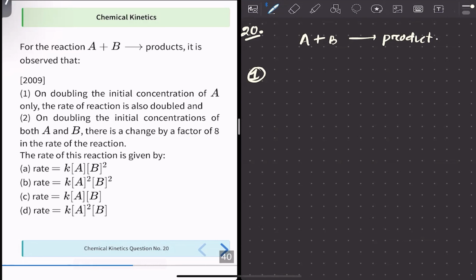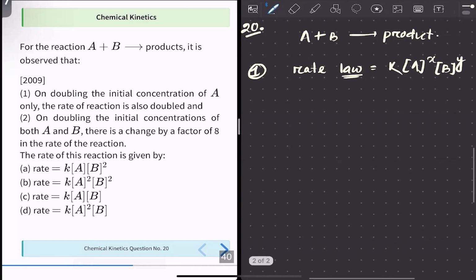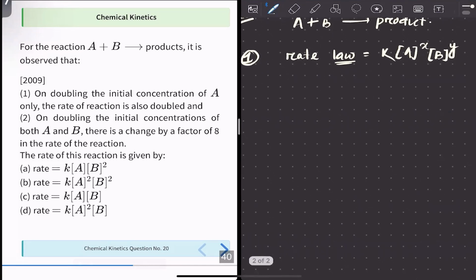First of all, write down the rate law. The rate law for this reaction will be K into A to the power X, B to the power Y. We can't write A to the power 1 and B to the power 1 because we don't know if it is an elementary reaction or a complex multi-step reaction. So we have to write it in the form of X and Y and find the values of X and Y.